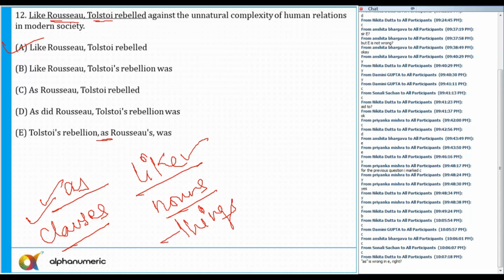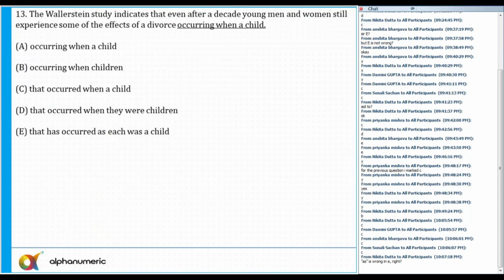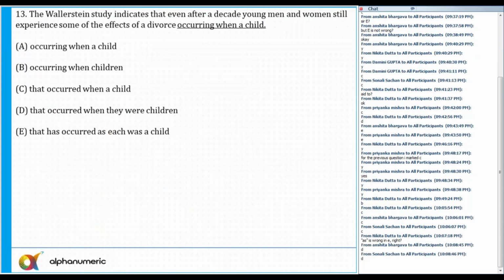Question number 13. The Wallerstein study indicates that even after a decade, young men and women still experience some of the effects of a divorce occurring when a child.